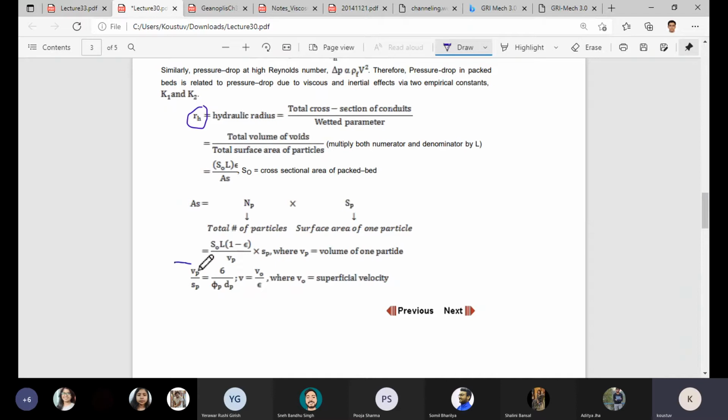This expression is very important. I think there is a mistake in this expression; it should be SP by VP. This is actually required for your DP calculations, the diameter of the particle. Now phi p is the shape factor, or oftentimes we write it as phi s. So it is basically sphericity or shape factor.